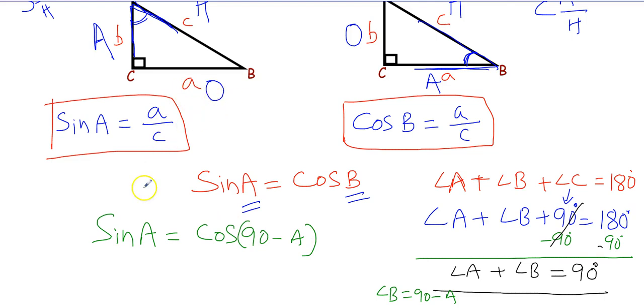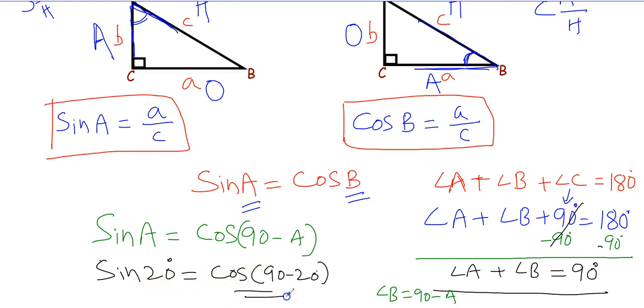For example, if A is equal to, let me take 20 degrees, then sine 20 degrees is the same as its complement, cosine of 90 minus 20, or we can say sine 20 degrees equals cosine 70 degrees.